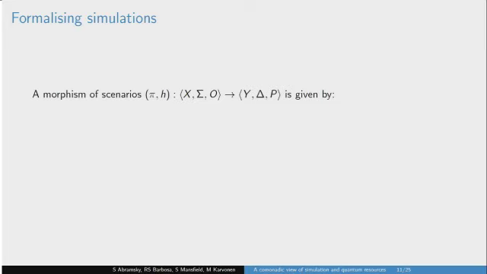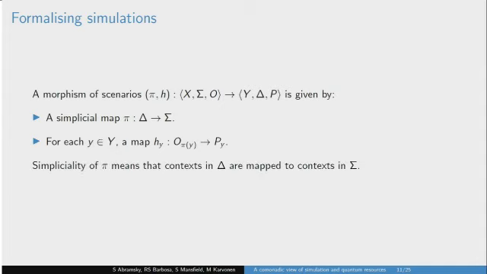So more formally, we have these simplicial complexes that give you the measurement scenarios. You'd want a map between those. And then moreover, you need a map of the outcome sets. Now the point of this being a simplicial map says that if you have a possible measurement in the thing you're trying to simulate, then the thing that simulates it, or its image, should always be a possible joint measurement as well.